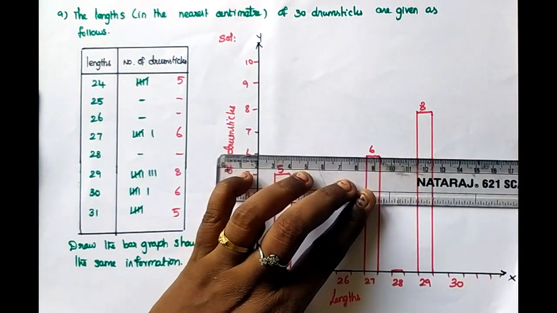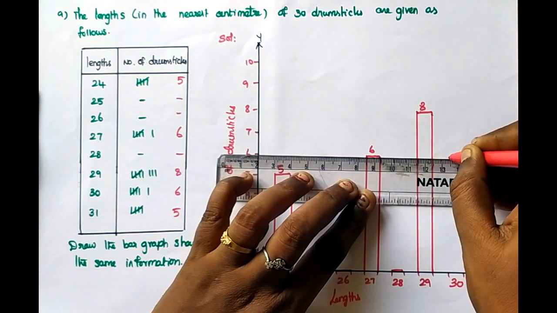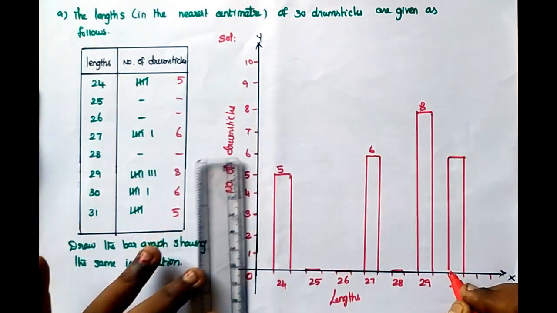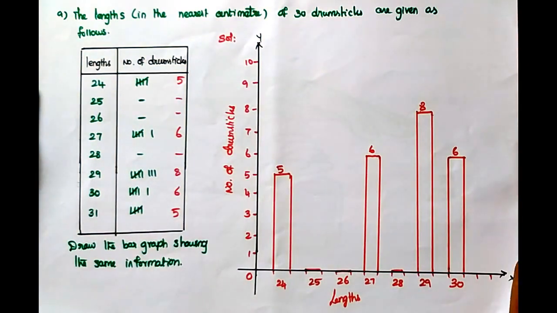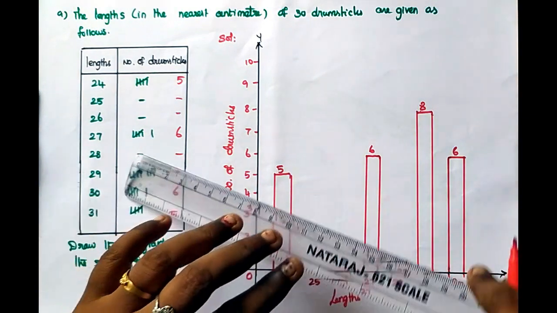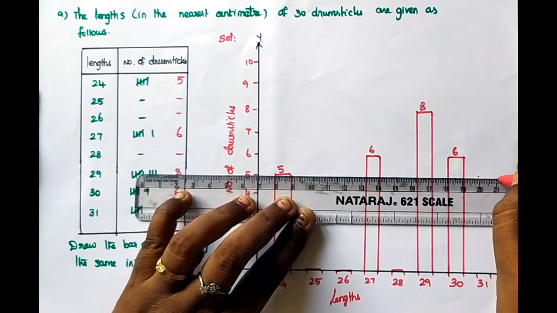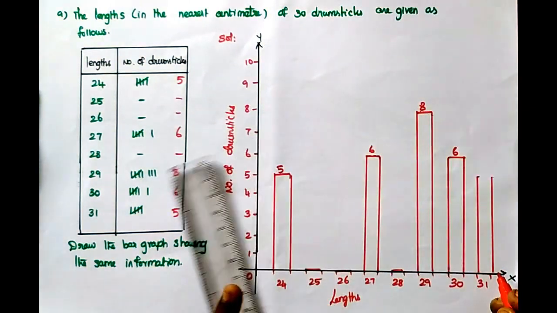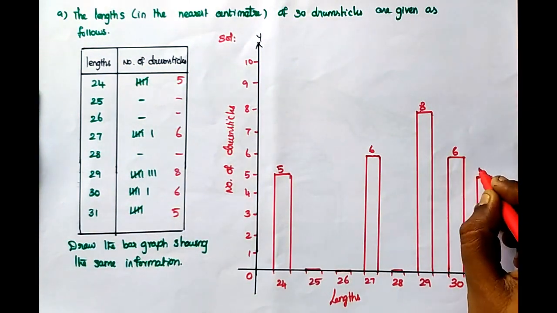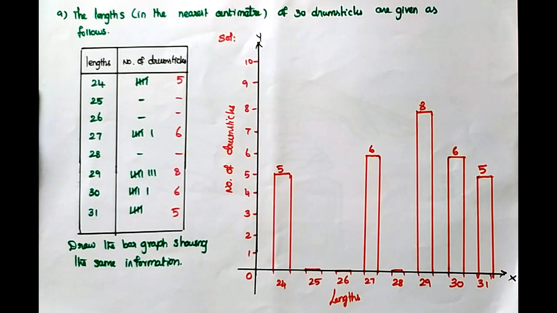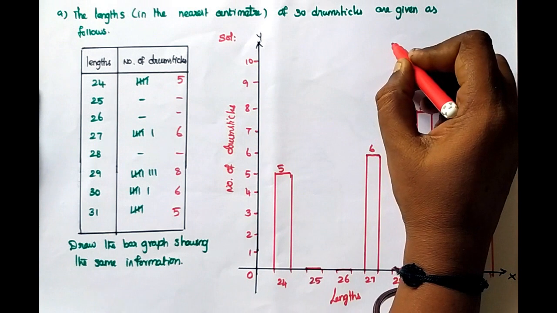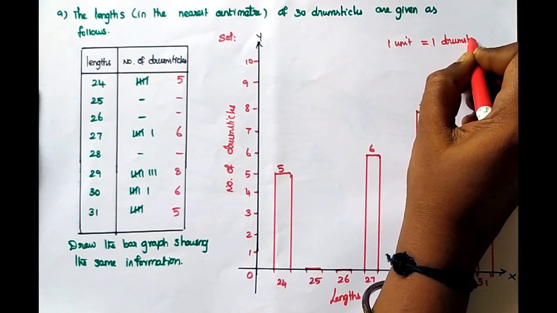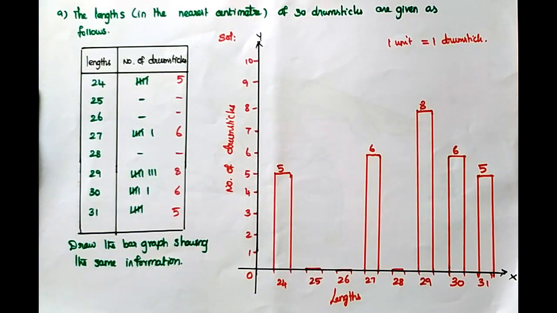So again, 31, 5 drumsticks. Here in the vertical line, 1 unit represents 1 drumstick. So that is the answer.